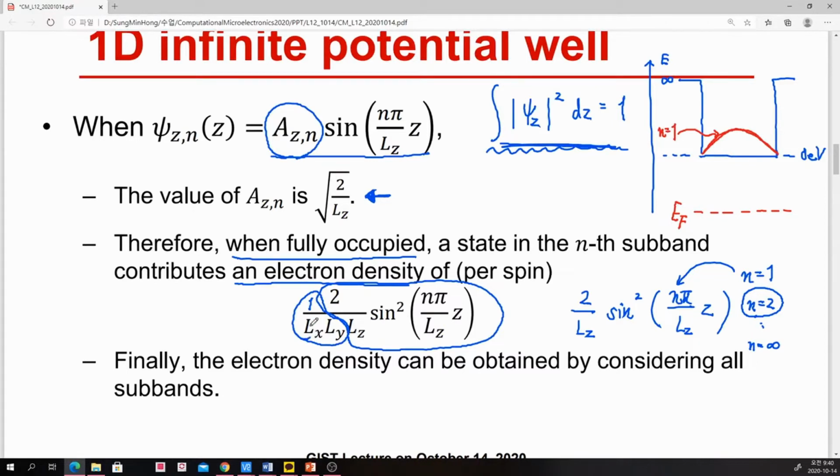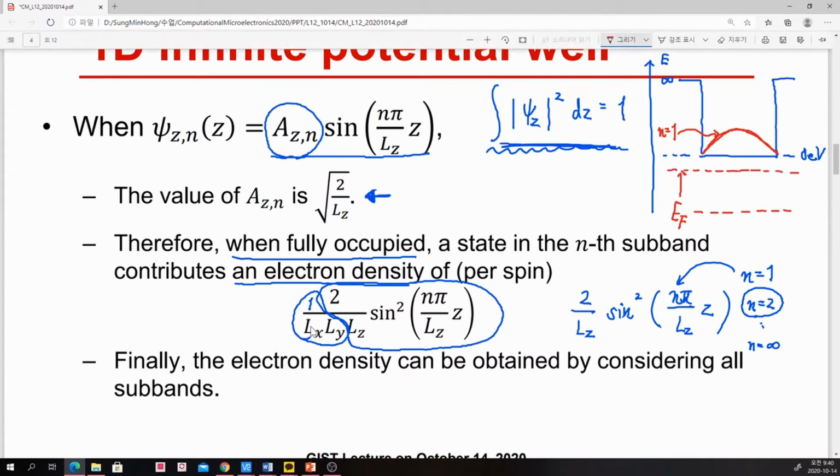But if we increase our Fermi energy level here, then what will happen? Then n equal to 1 is still dominant, but we can find another contribution from n equal to 2.